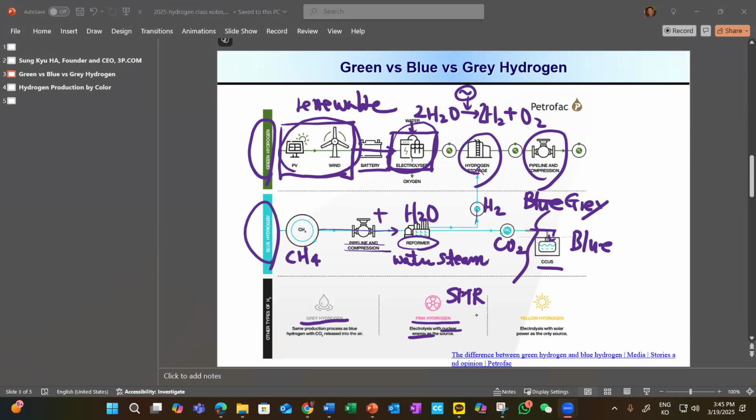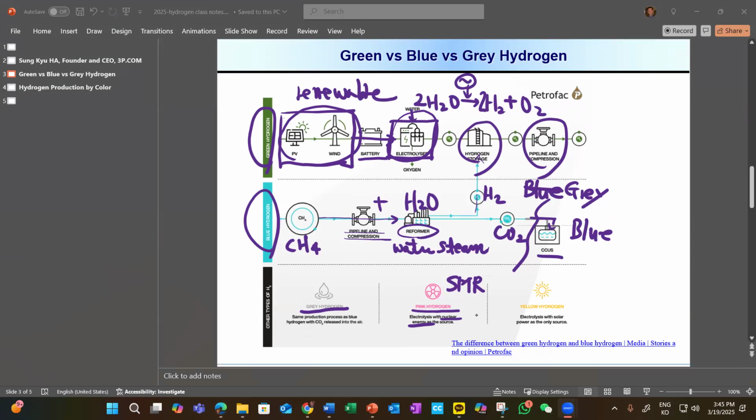Also a very important method or technology in the area of nuclear power energy generation. So SMR will become very popular. So using the SMR, if we generate hydrogen, the hydrogen is called pink hydrogen, and yellow hydrogen is, I guess, one of the most recent advanced technologies.